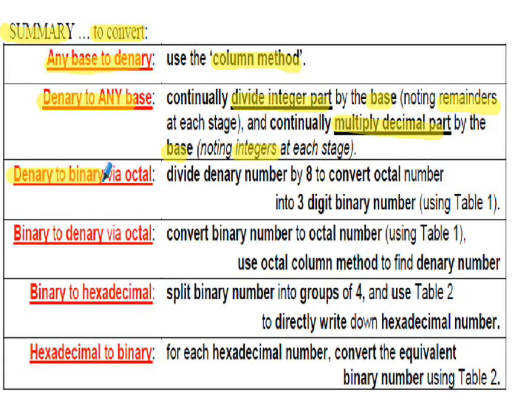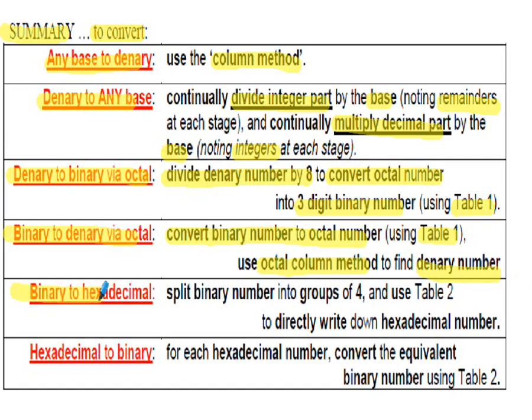To convert from denary to binary via octal, we first divide the denary number by 8 to get the octal number, and then convert the octal number into a 3-digit binary number using table 1. To convert from binary to denary via octal, we convert the binary number to octal using table 1, and then use the octal column method to convert the number into a denary number.